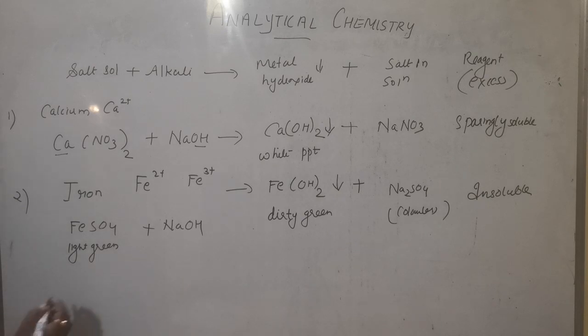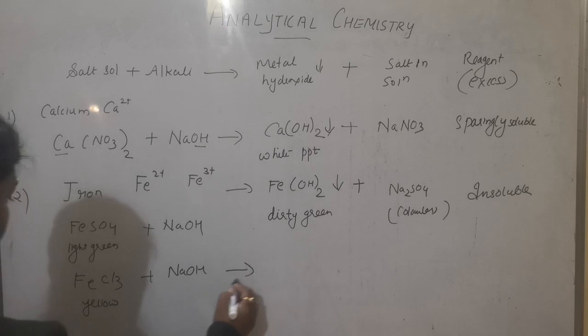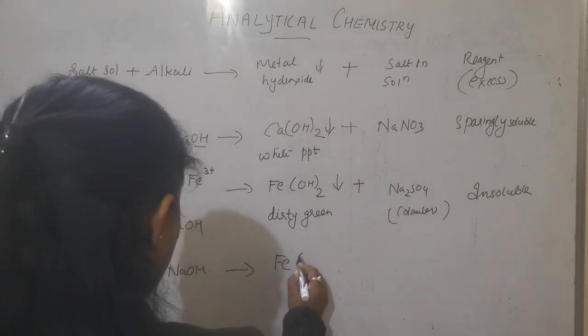Next is ferric salt. We will take ferric chloride. The salt is ferric chloride, and it is yellow in color. Caustic soda, colorless. What are you going to get again?